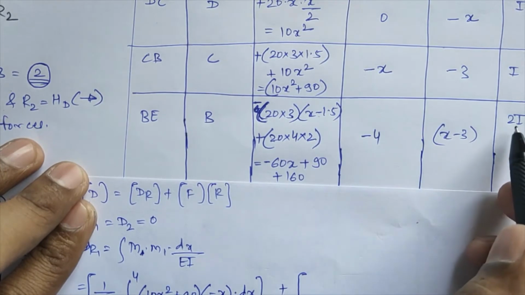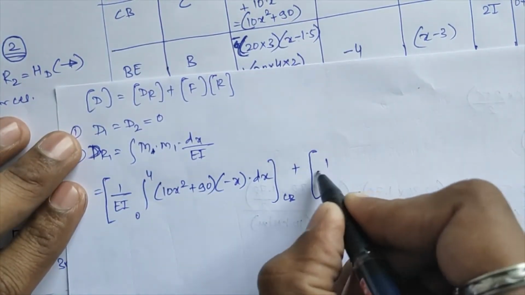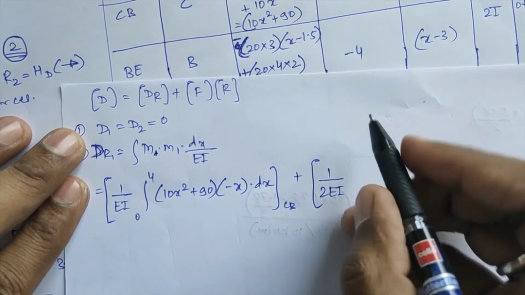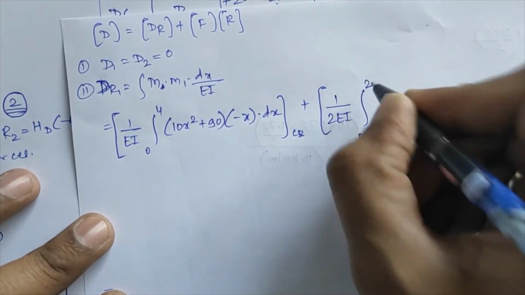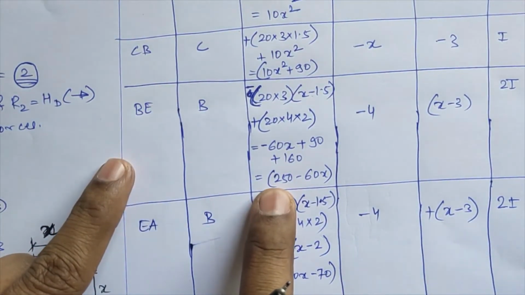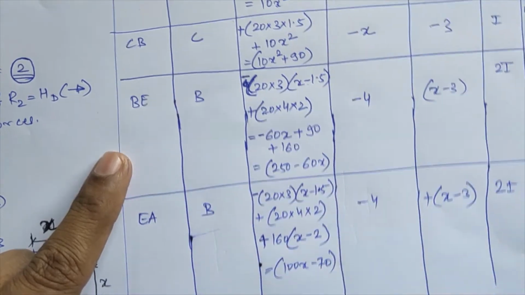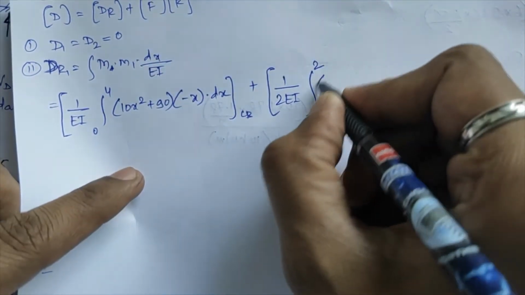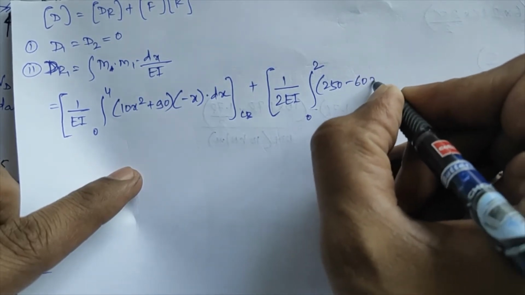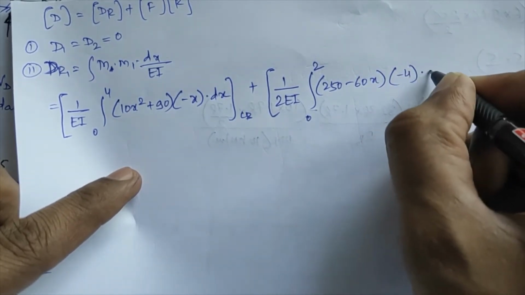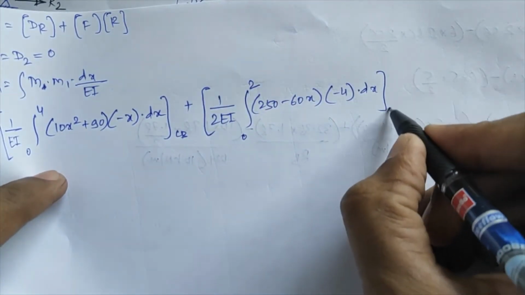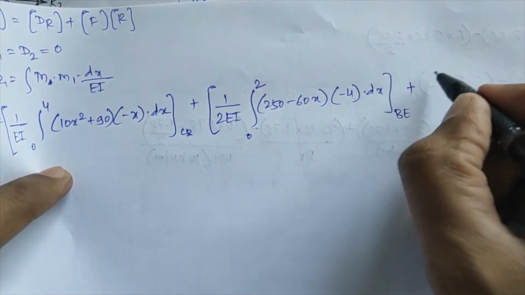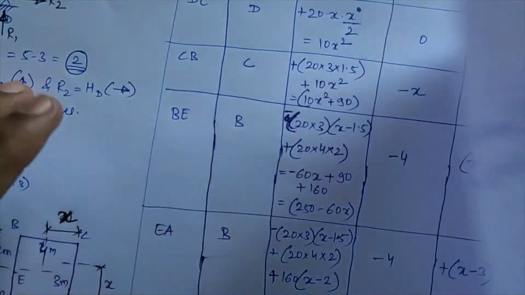For that I value is given equal to 2I, so this will come 1 upon 2EI common. Integration limits are from 0 to 2 again. For the BE portion I have got the m value 250 minus 60x and this as minus 4. So here that will come 250 minus 60x into minus 4 into dx. This is for your next portion BE.